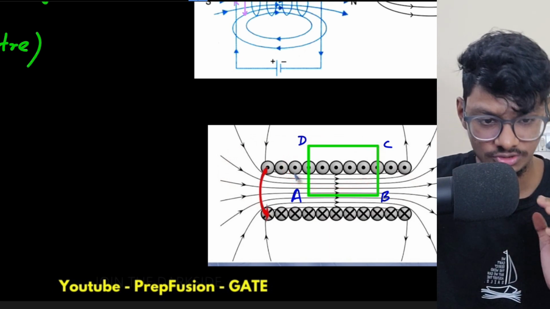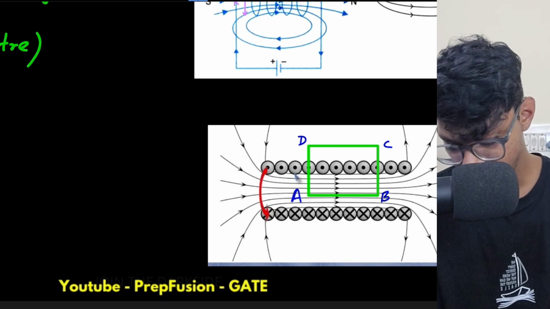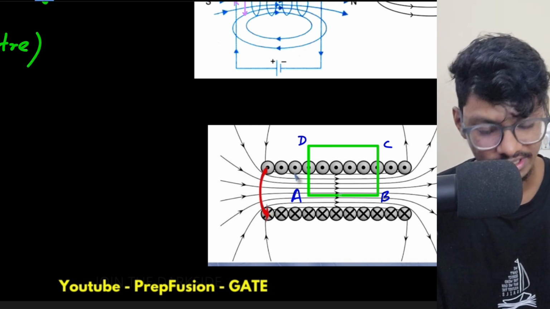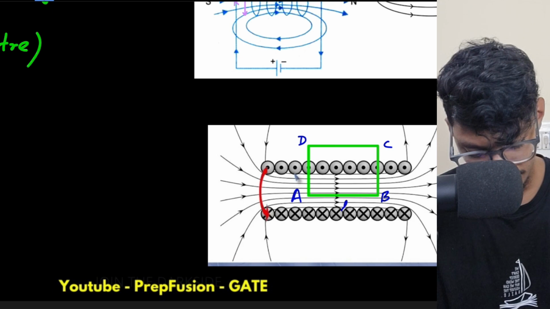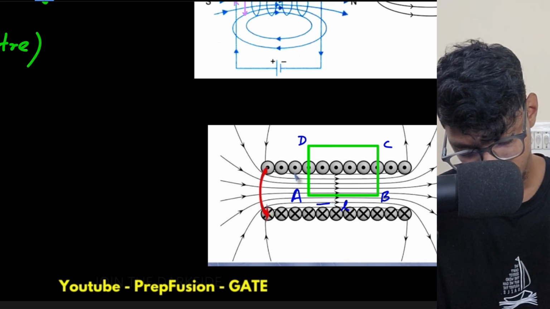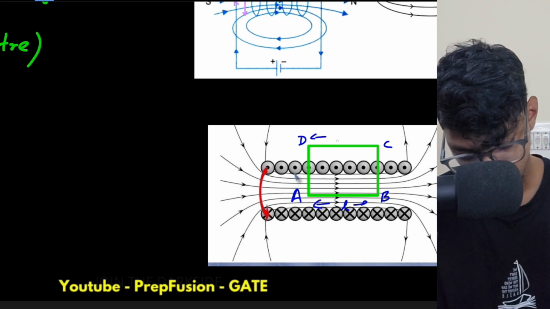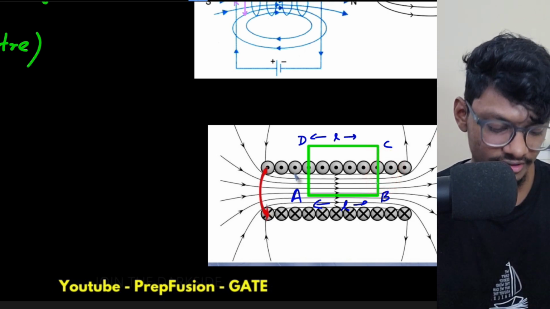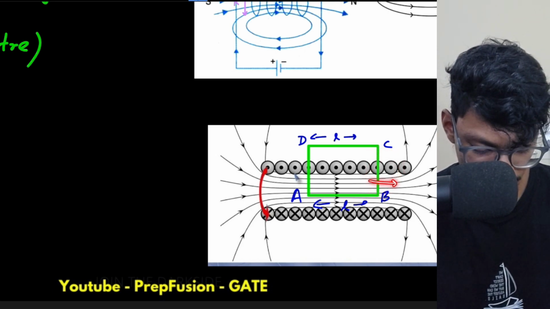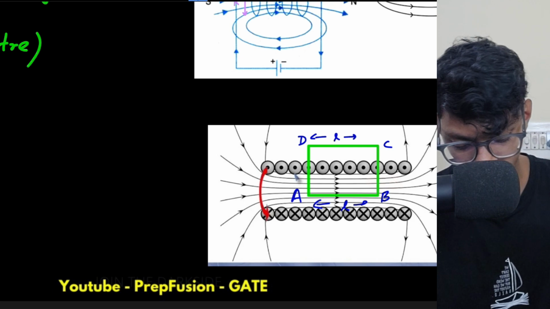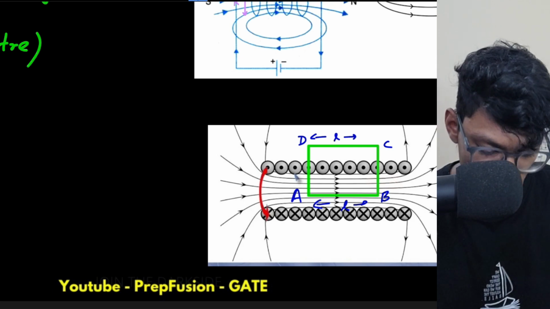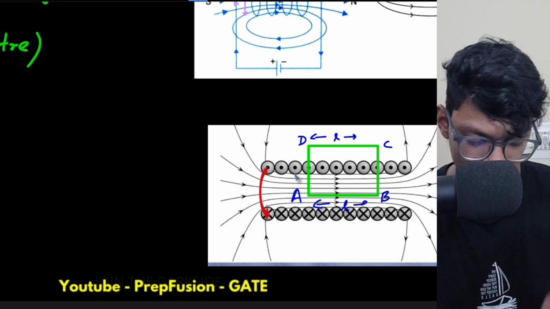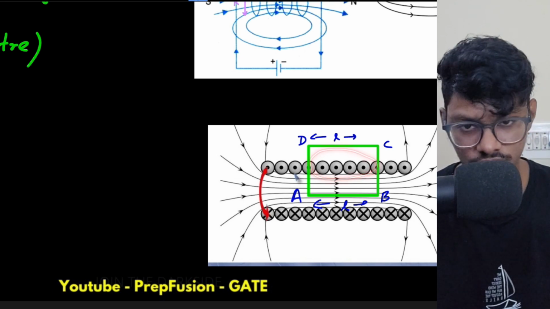Let me assume this length to be, like I can assume a square Amperian loop as well. It doesn't matter, and I will explain why. This length is L, and this is also L, and this length actually doesn't matter. Here, the magnetic field is in this direction, and I will assume the direction of the Amperian loop according to the direction of the magnetic field, or according to the current enclosed, whichever one you choose.